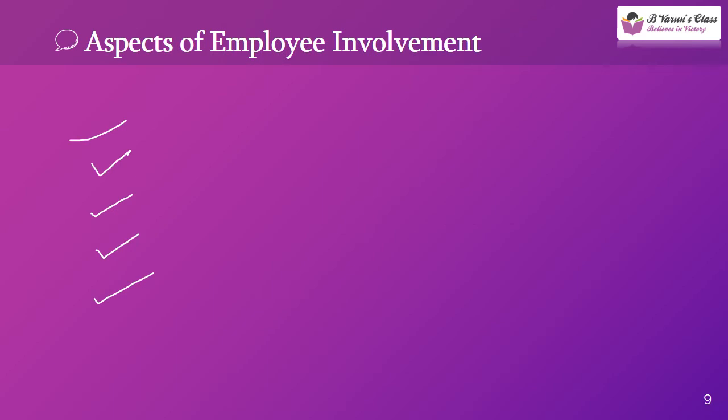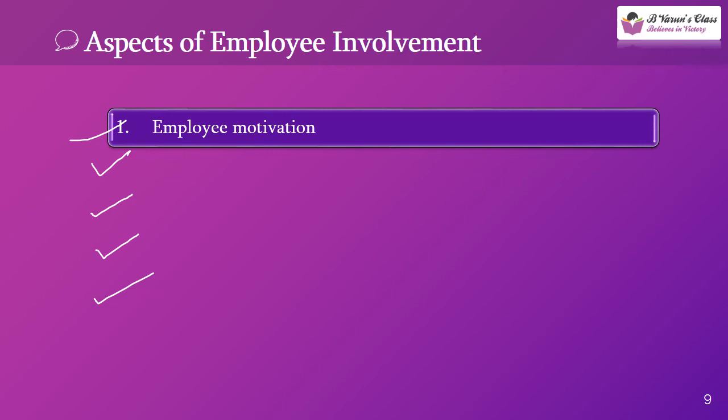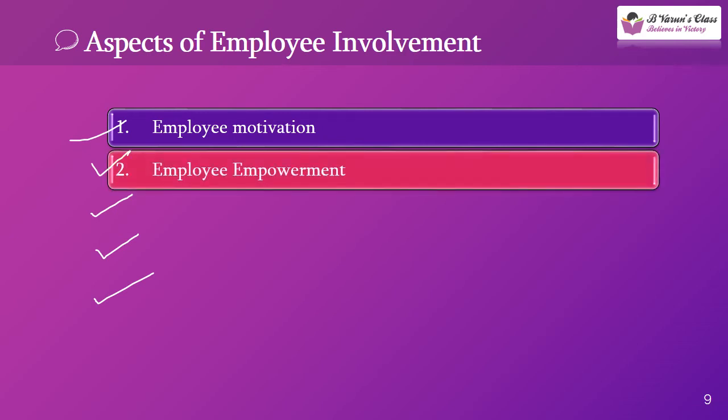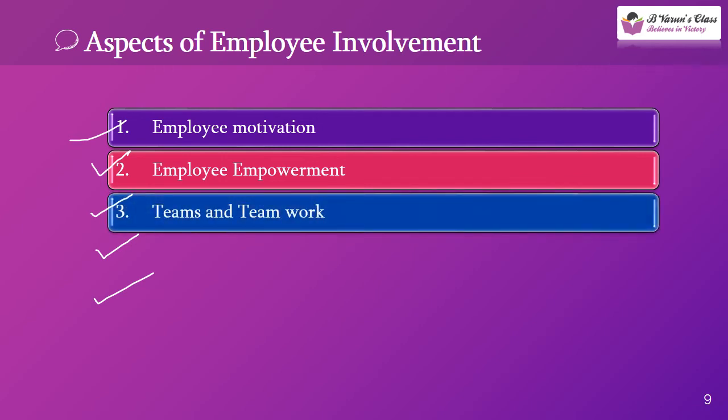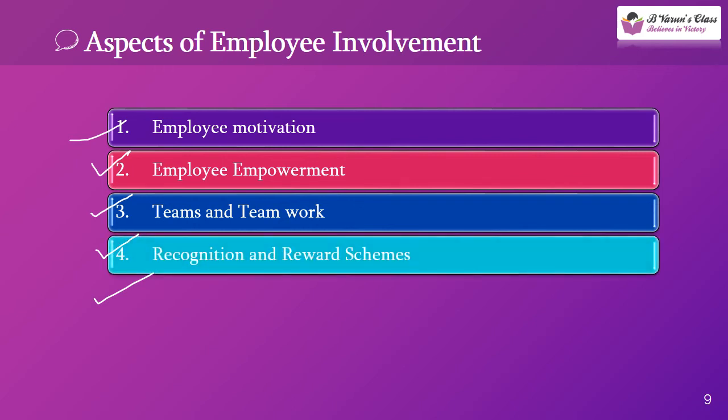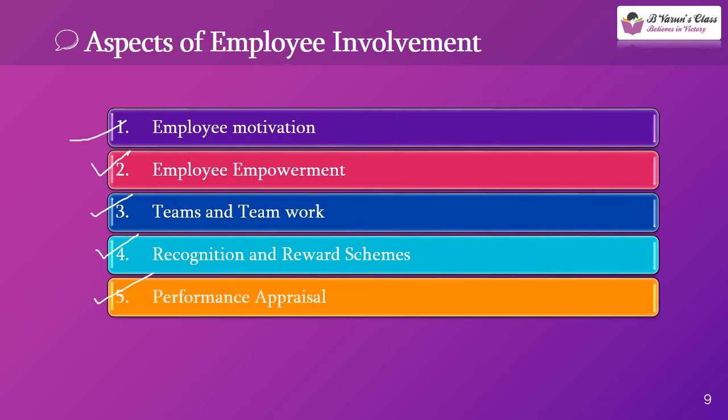What are the aspects in employee involvement? When we have employee involvement, what are all the things we can achieve? First one, employee motivation. Motivation among the employees will be improved to a greater extent. Second one, employee empowerment, teams and teamwork, recognition and reward schemes, and performance appraisal.